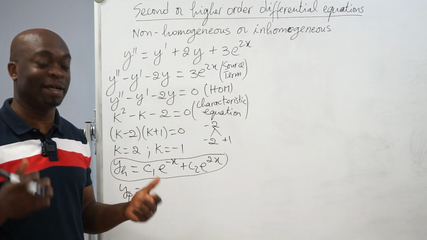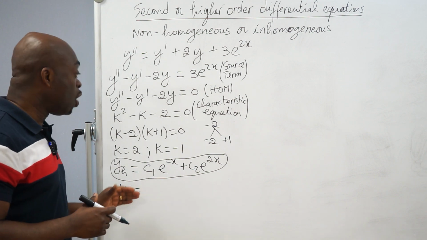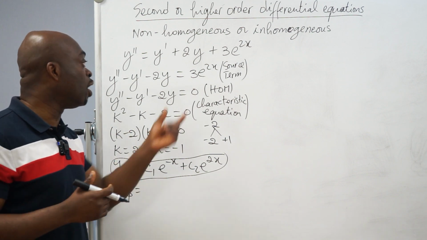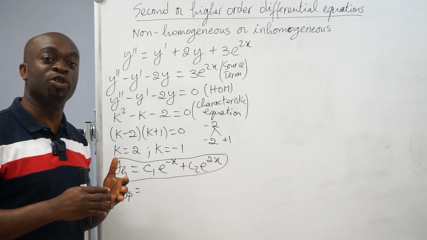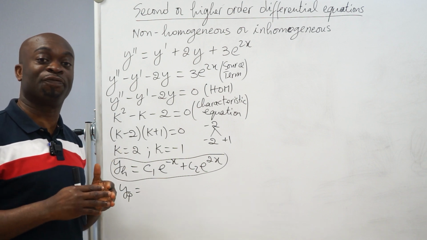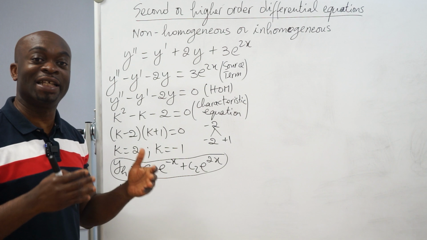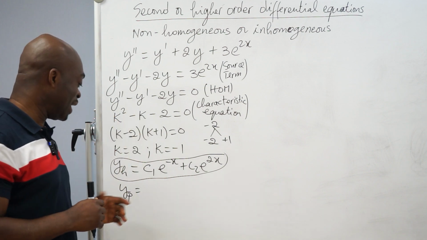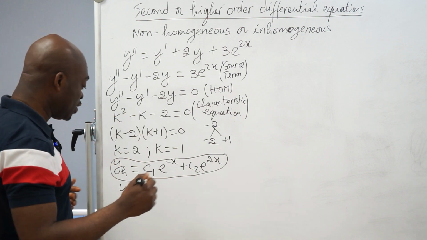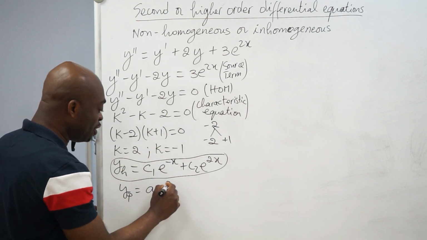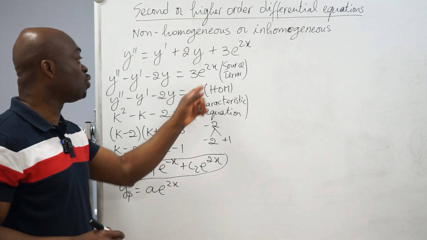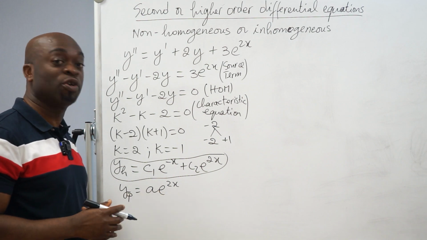So, approach or ansatz. That means we will be inspired by our source term. So we have an exponential function, we're going to use that. If we did have a trigonometric function, we would use that. If we did have a polynomial, we would use that. But in this case, it's going to be an exponential inspired by 2x, the same 2x exponential that we have here.